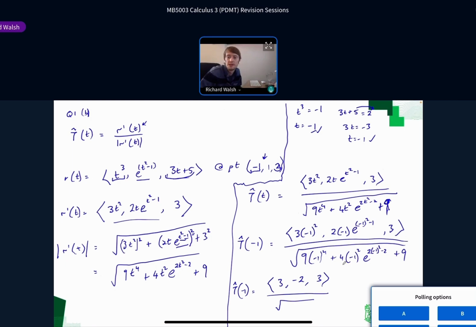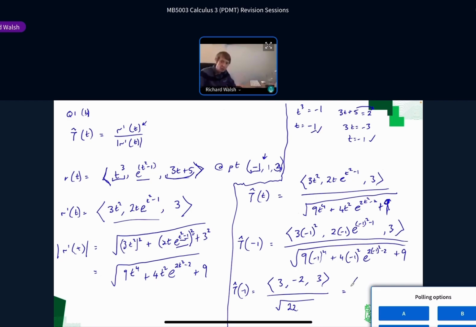Root of 9 and 4, 9 plus 4 is 13, plus 9 is 22. And then just to put them all over the same thing, like it's a unit vector we're looking for. Usually a vector doesn't have over magnitude or whatever, it's literally pointed brackets with the x, y, and z in them.